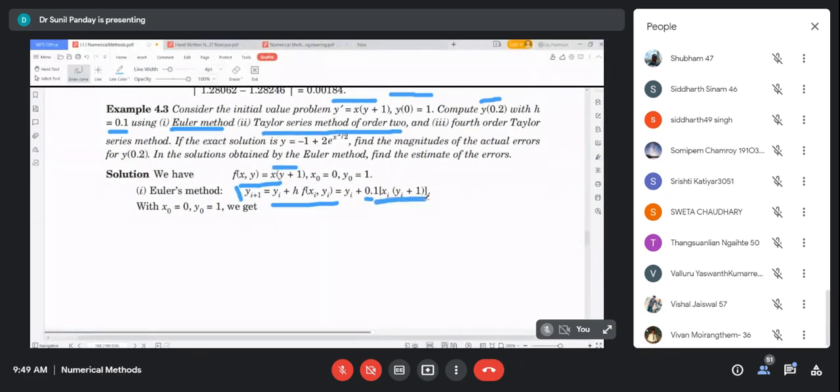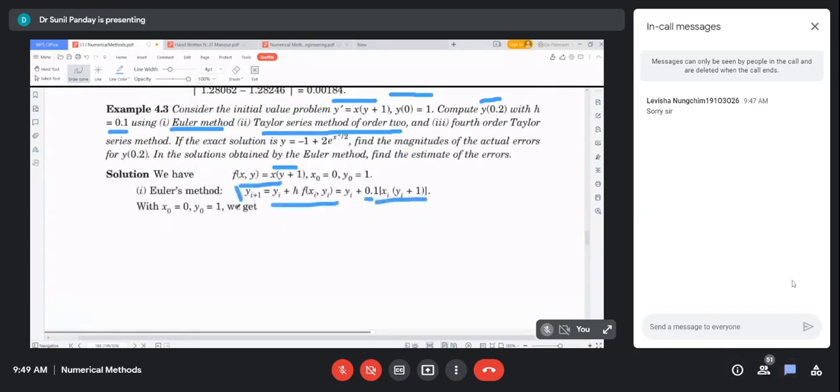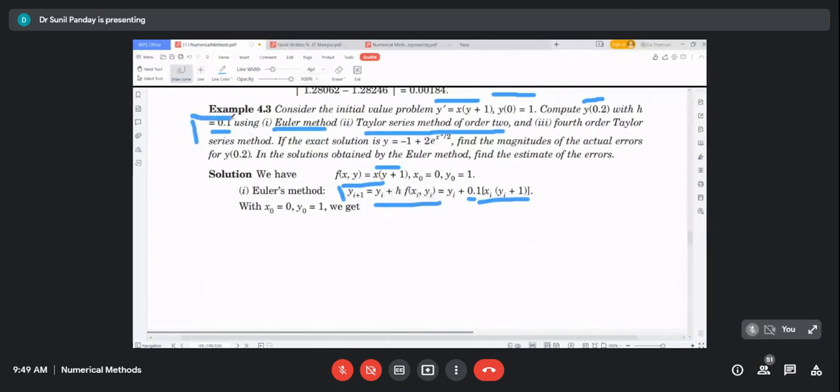Because we take h equals 0.1, I have to apply this Euler method two times. Only then will I be able to reach x equals 0.2. So x naught is 0, y naught is 1.